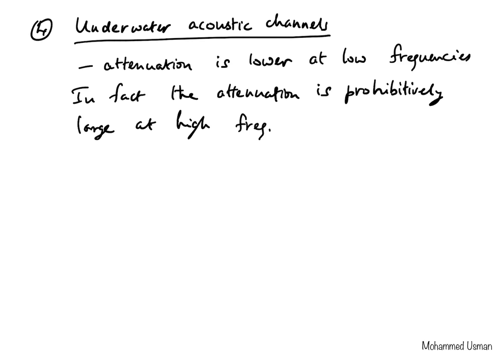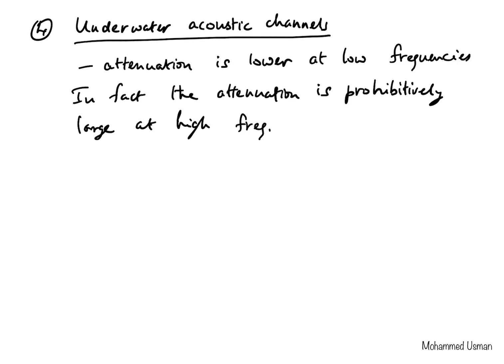So in that case, there will be multiple components arriving at the receiver, and when there is multipath propagation, the immediate effect that we see is fading, where the signal can vary randomly in amplitude because of constructive or destructive interference between the multipath components.